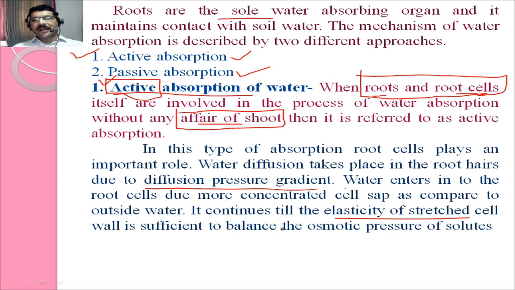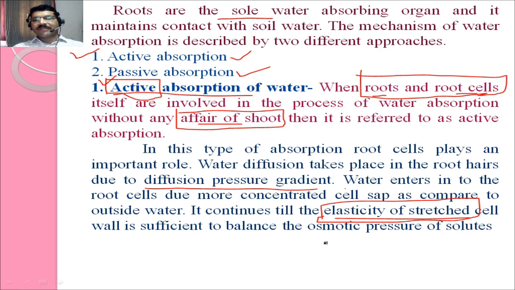This means the cell becomes stretched. Why? Because it is becoming turgid, and due to the increased volume of water, the cell becomes stretched. Water enters the cell till the elasticity of the stretched cell wall is sufficient to balance the osmotic pressure of solutes.